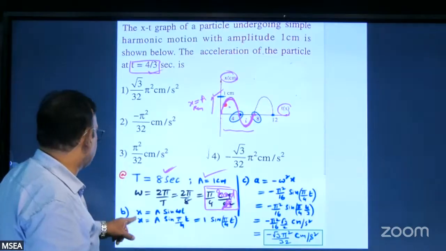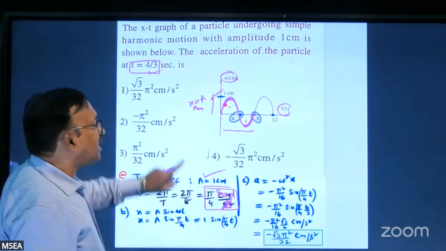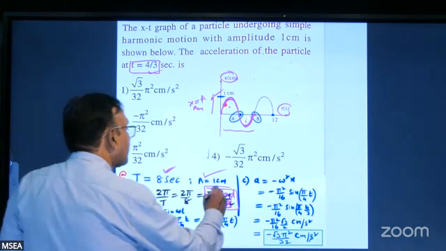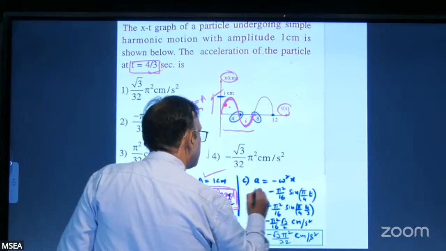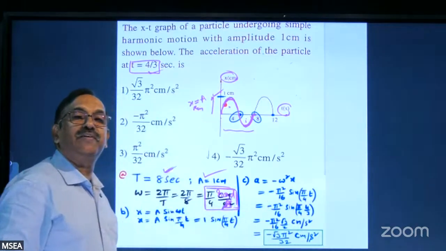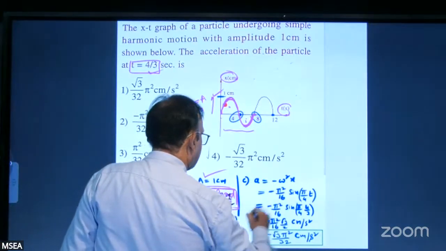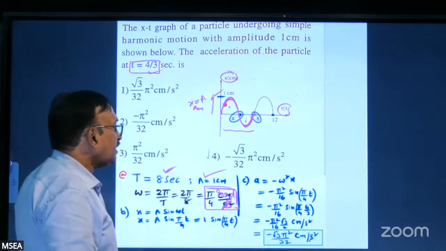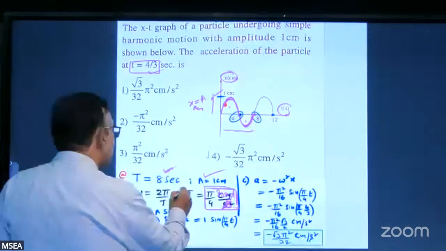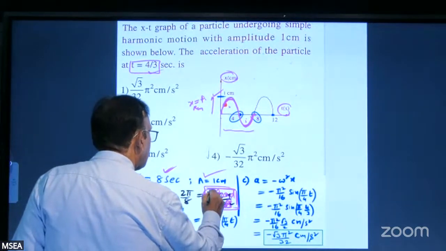Then the next point is that I want to know what is the acceleration of the particle. What is the formula for acceleration? Acceleration a is equal to minus ω² x. Omega comes out to be π by 4, as you have already seen.